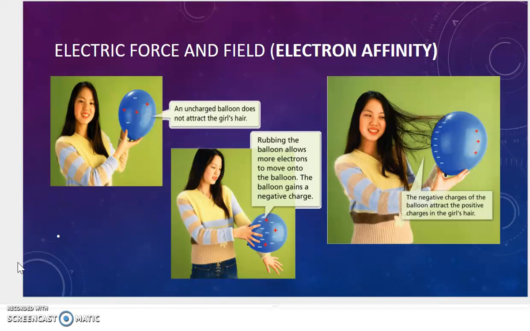That has to do with the material that both the balloon and the sweater are made of, and we're going to get into this. In this case, the negative charges from her sweater move to the balloon, so the balloon has many more negative charges than positives. As the balloon is held up to the hair, the negative charges attract the positive charges in the girl's hair, and that is why her hair will stick to the balloon.